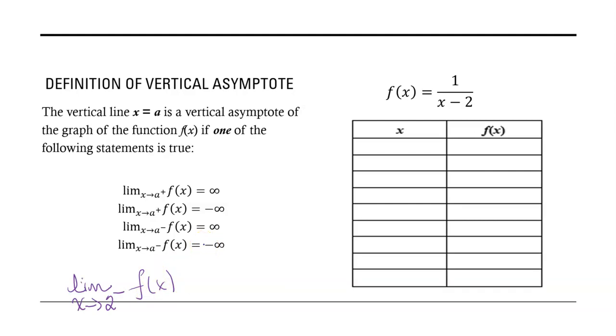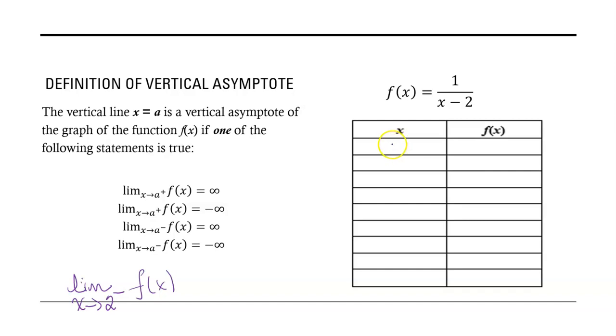So we're going to choose values to the left of 2 on the number line, and we want them to increase and get closer and closer to 2, so that we can watch what happens to those function values as I get closer and closer to 2 from the left side of 2 on the x-axis.